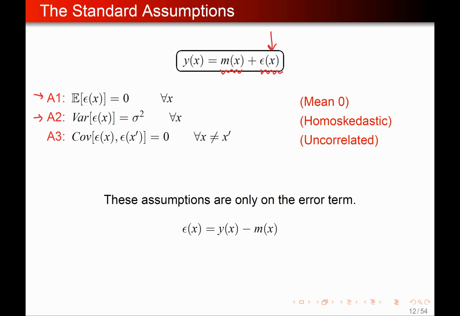Second one is the variance is a constant, sigma squared, which is also homoscedastic. And the covariance should equal 0. That means they should be uncorrelated. The residuals, the errors should be uncorrelated. We should not observe any patterns in the errors.